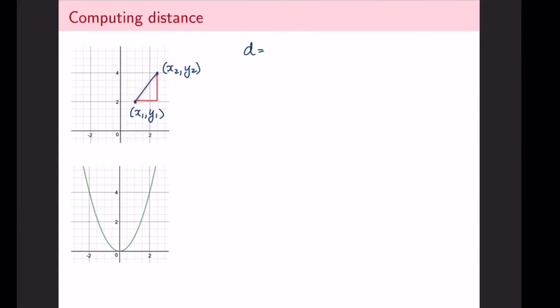And the squares of the two sides, of course, are the differences in the y-coordinates between the 2 points and the differences in the x-coordinates between the 2 points. So the distance formula altogether gives me square root of x2 minus x1 squared plus y2 minus y1 squared, where again x2 minus x1 is actually this portion, and y2 minus y1 is actually this portion.